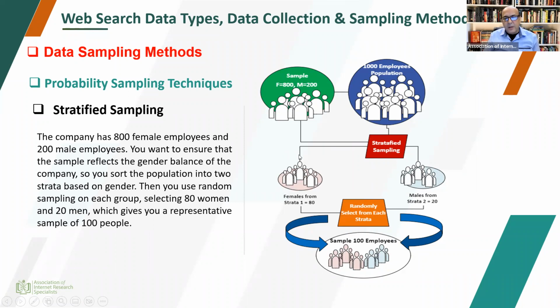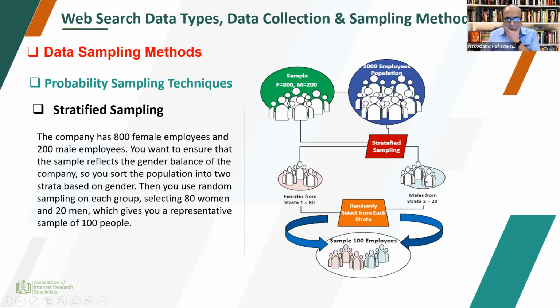maintaining a certain ratio so that when you taper it down or you reduce it, it maintains its integrity of ratio. So nobody is going to question if more females were selected or fewer males were selected. So there is a rationale.